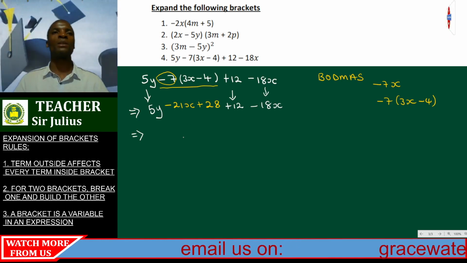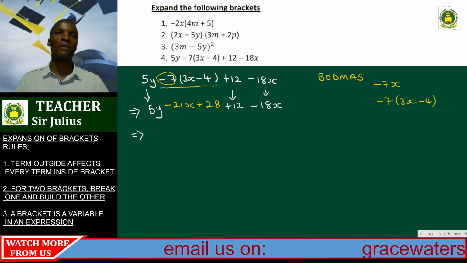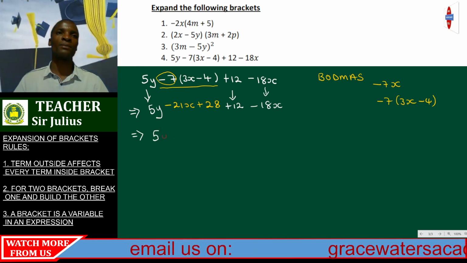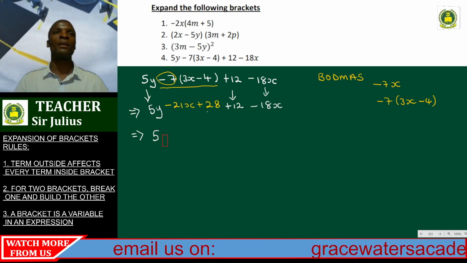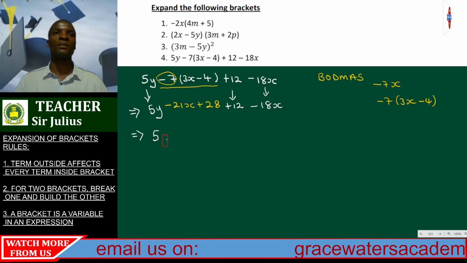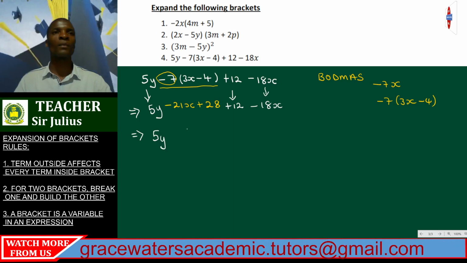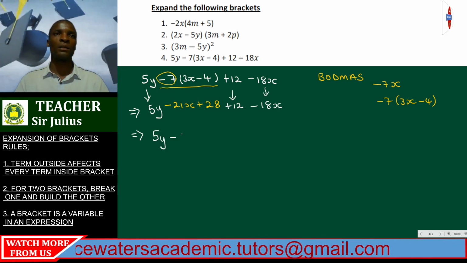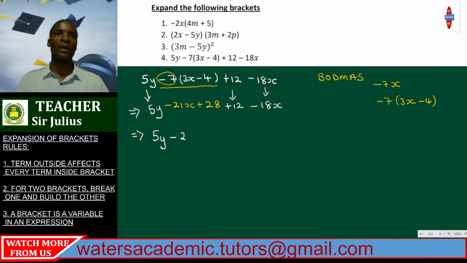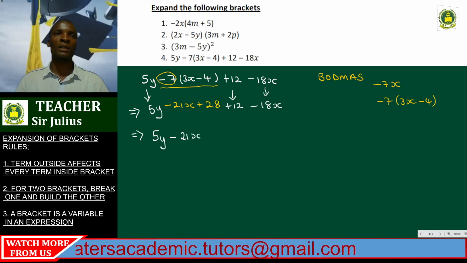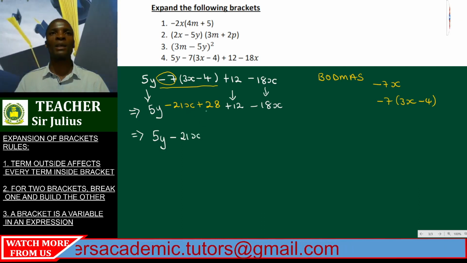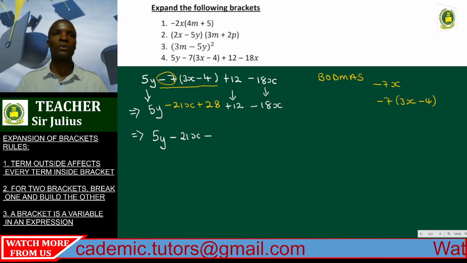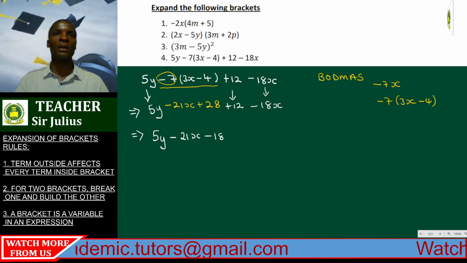So here we'll have 5y having no like terms, so we'll have 5y minus 21x, and then when you're collecting like terms, 21x is likened to negative 18x.